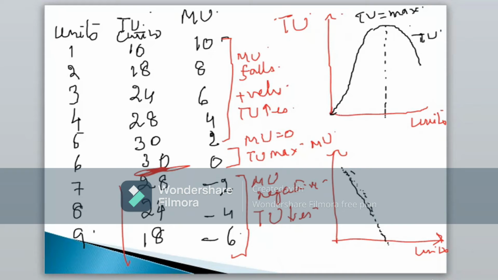It reaches 0 and then goes negative. Now, just see, where TU is maximum, marginal utility is 0. So it is the same point where TU is maximum. Here MU is 0.